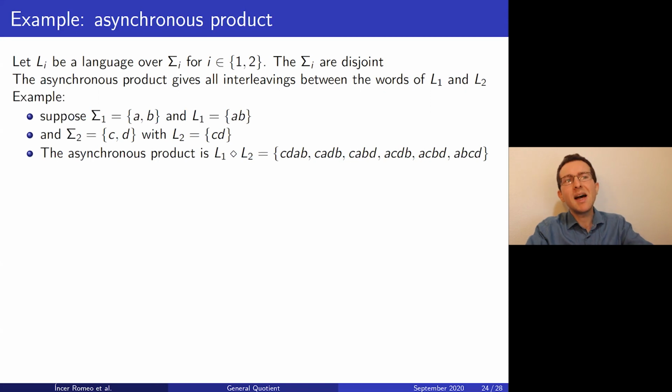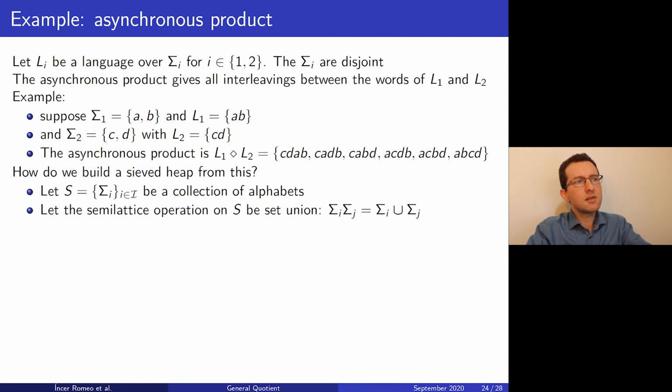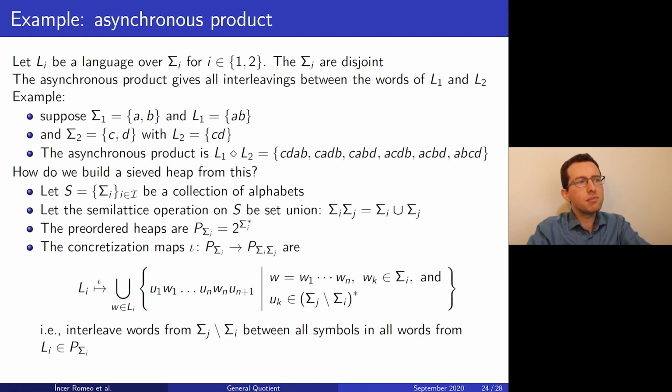How do we build a seed heap out of this? We can set the semi-lattice to contain a collection of alphabets. The semi-lattice operation is going to be set union. If you have alphabet I and alphabet J, you multiply them, meaning you take the union between them. The preorder heaps are the languages defined over the given alphabets. The preorder heap maps are given by the following operation.